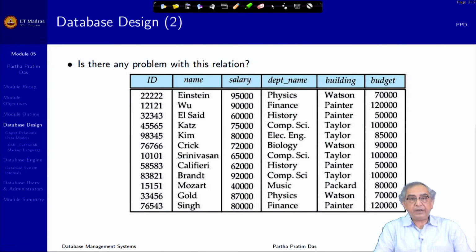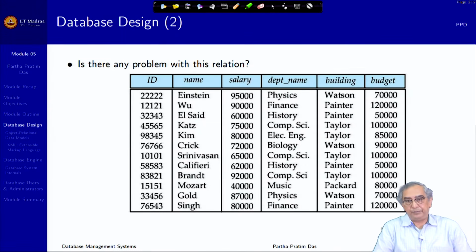Here all this information is available together. So, the question is, is this a good design? Now, naturally you can understand that if I am asking the question, obviously the answer is it is not a good design, and that is common sense.